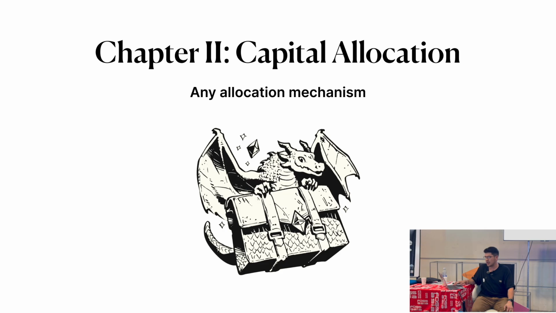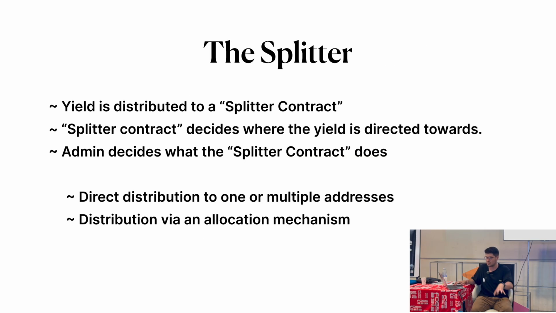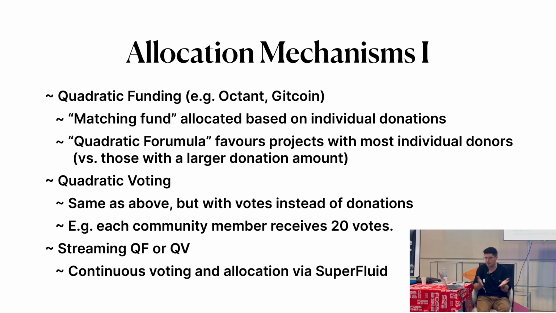And allocation mechanisms, as I mentioned, go to a splitter contract, and the admin of the splitter contract can decide which mechanism is used. In open source, we are pretty much used to the quadratic funding model, but I'm really excited to try out one which is a little bit more round-based, so it starts at a point and it ends at a different point.